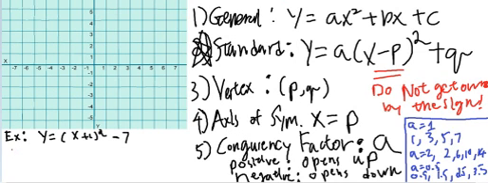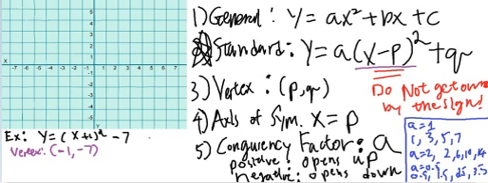Alright, so what's the vertex? A lot of you are going to write plus 1, but that's wrong. It's minus 1 and minus 7. Why is it minus 1? Because look at the standard form here. The standard form is x minus p, and here we've got x plus 1.